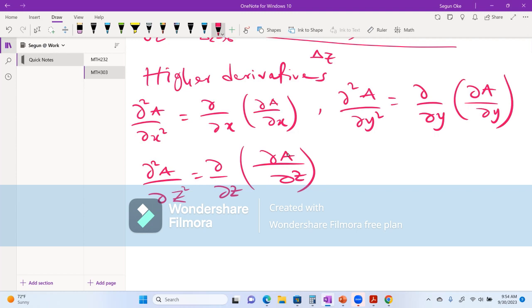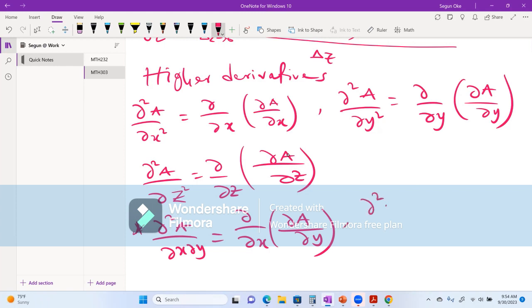Okay, what about when I have a different one? Let's say we have ∂²A over ∂x∂y. What will happen is going to be ∂/∂x of ∂A/∂y. The same thing happens when you have ∂²A over ∂y∂x. Look at the arrangement. The arrangement will be ∂/∂y of ∂A/∂x.